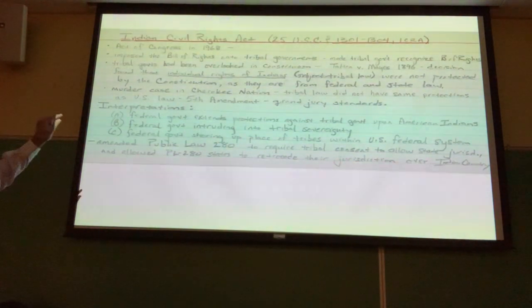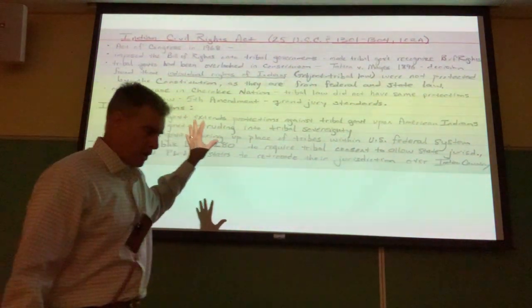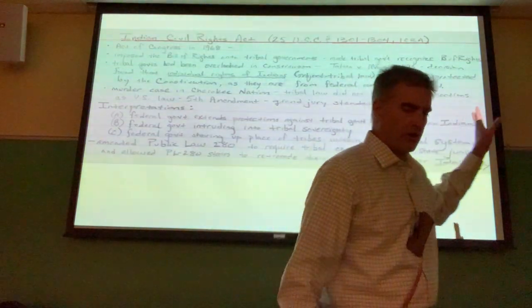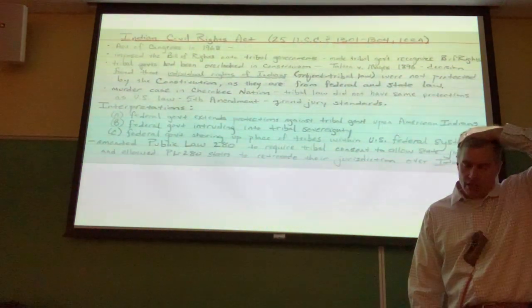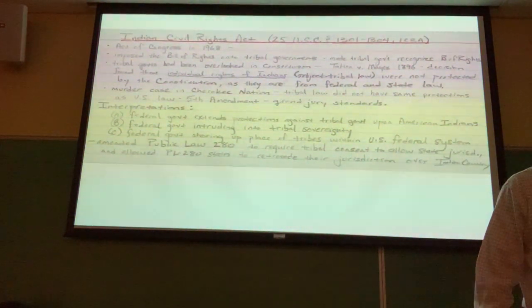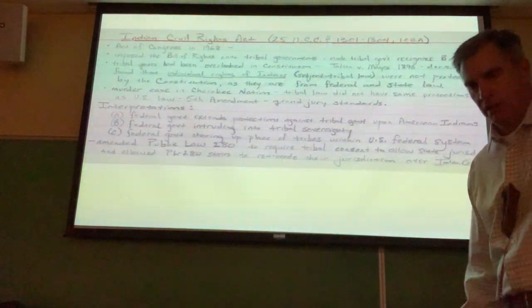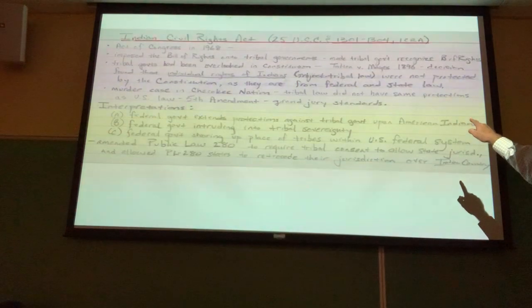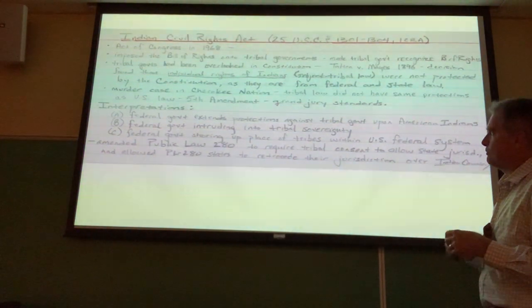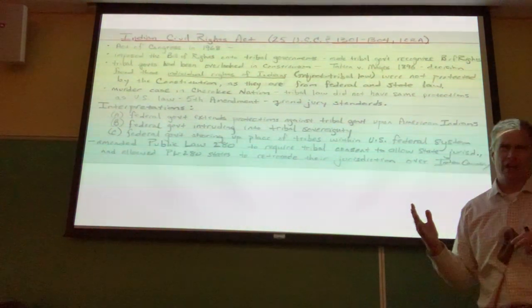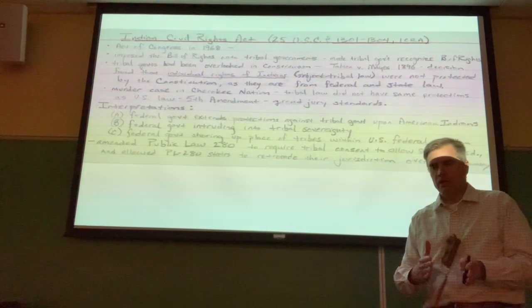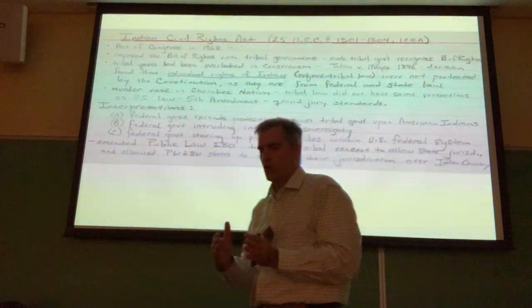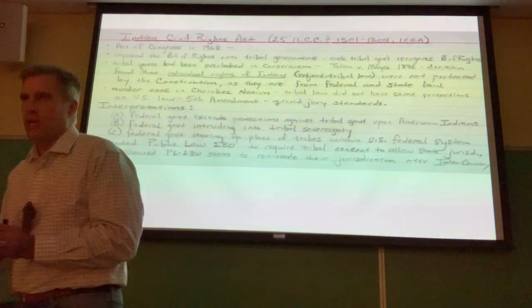The Fifth Amendment requirement for capital murder cases was that the sentence had to be delivered by a grand jury of how many people? A number of 5 people, I think it was 5. And the Cherokee Nation's grand jury wasn't that big.